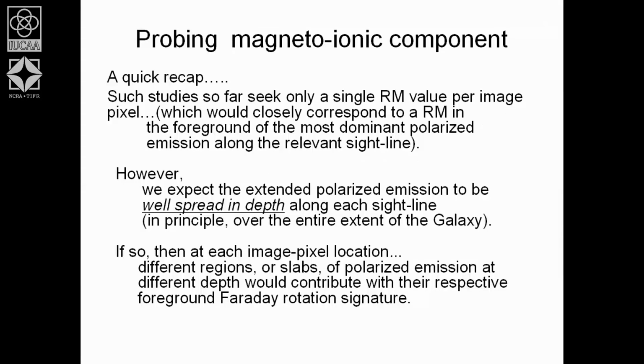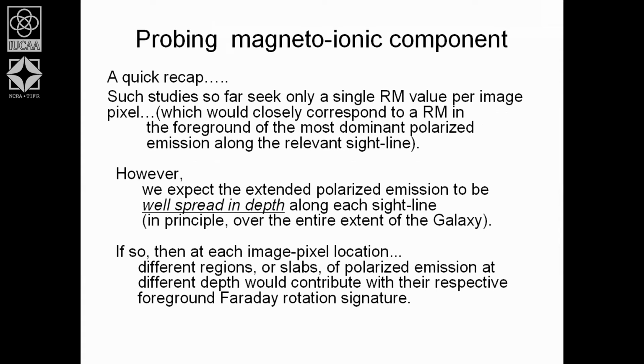All the studies so far seek only a single rotation measure value per pixel in the images, which will of course closely correspond to the rotation measure in the foreground, or the most dominant polarized emission that you might encounter along a given line of sight. But as we just now said, we expect extended polarized emission to be well spread in depth as well.